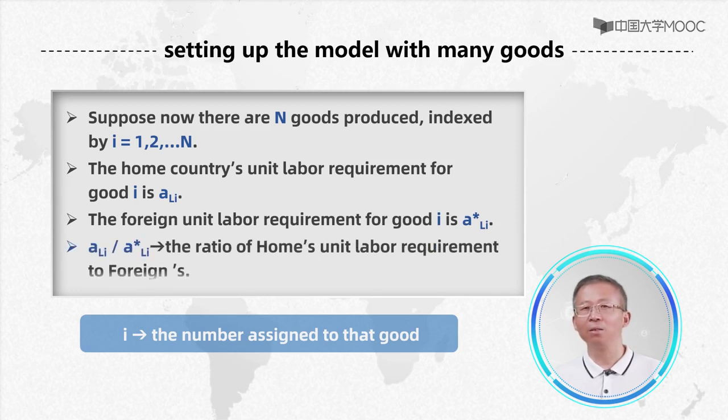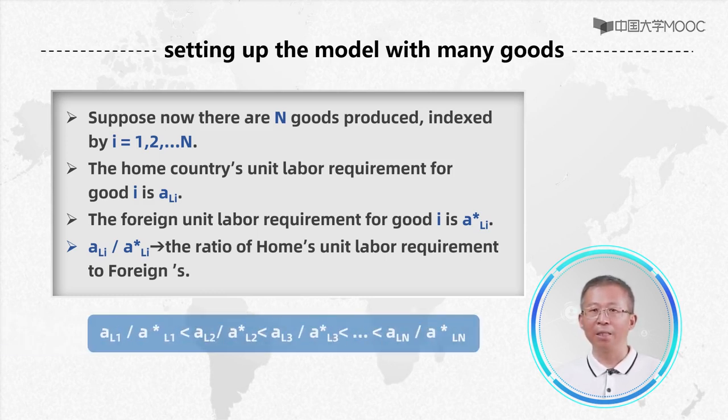For many goods, we can calculate a_LI over a_LI star, the ratio of Home's unit labor requirement to Foreign's. We label the goods so that the lower the number, the lower this ratio.